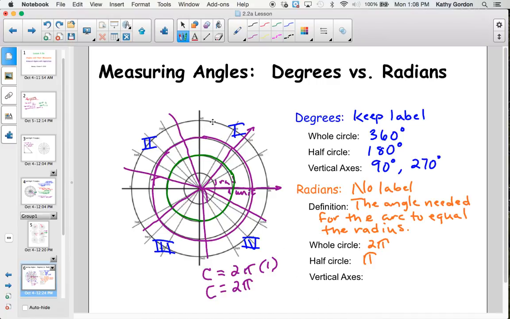What is my vertical axis going to be? How many radians would my vertical axis be if I went from here to there?